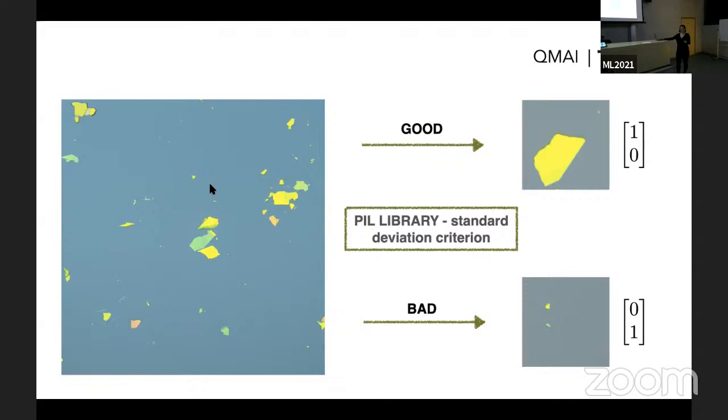So sometimes it indeed happens that there are a few good flakes on the same sample, or there are a few flakes on the sample and only one of them is good. And then the person who is looking at the post-processed flakes and is about to zoom the microscope there and lift it needs to know which one, right? Because indeed, we were picking these squares such that we had a good length scale estimate for how big the flake is.